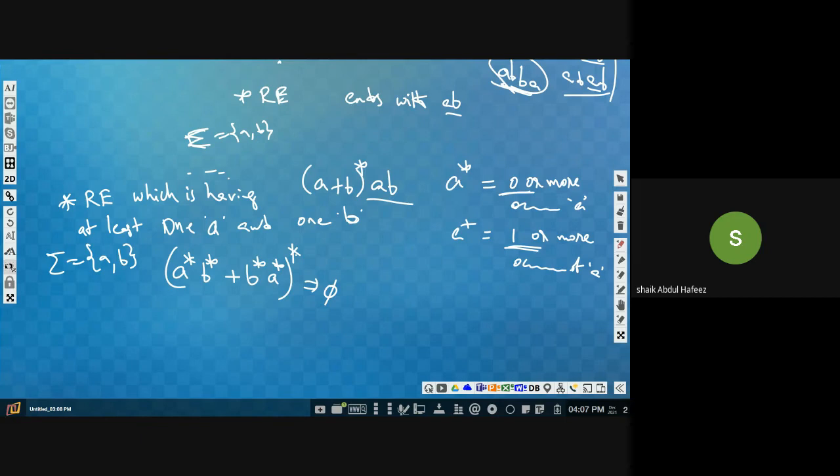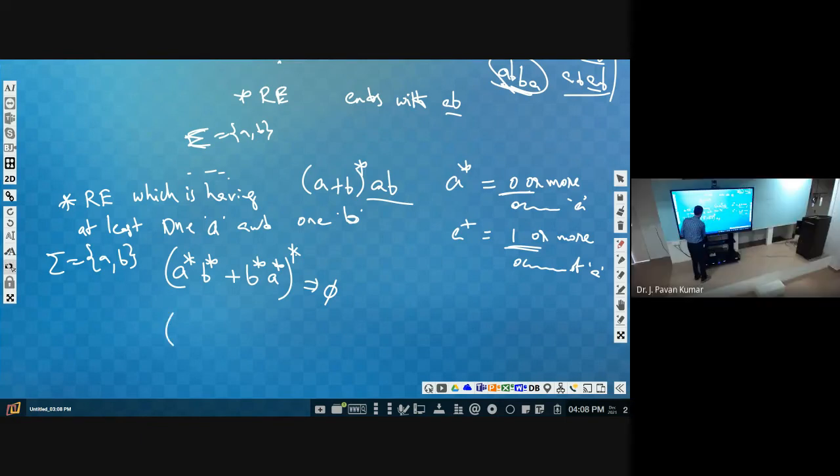If you put whole plus, then since A star is optional and B star is optional, this can be empty, and this also can be empty. So whole plus means it will automatically be empty only. Did you get the point? Yes, sir.